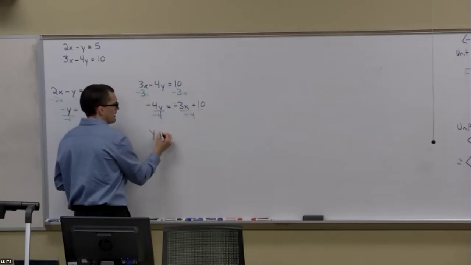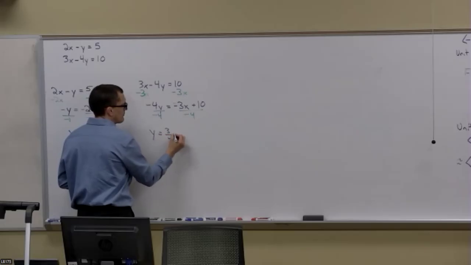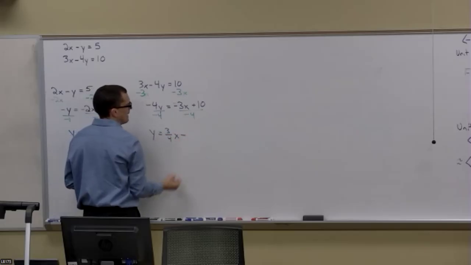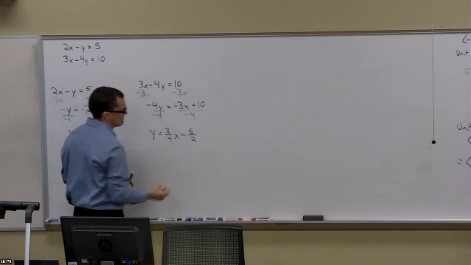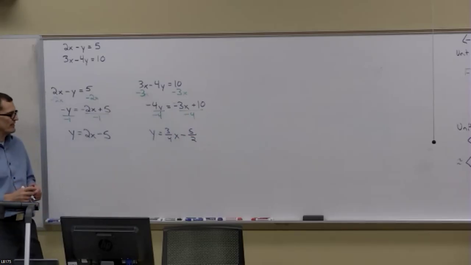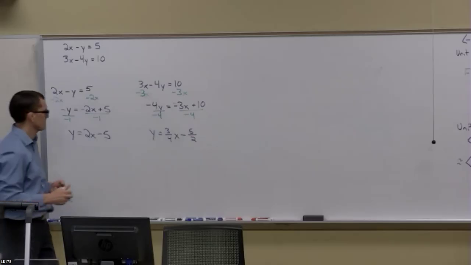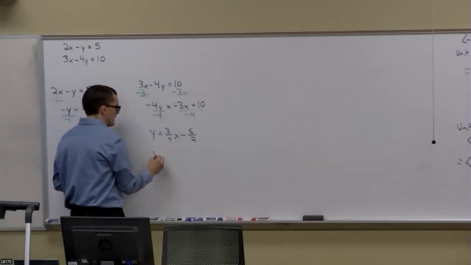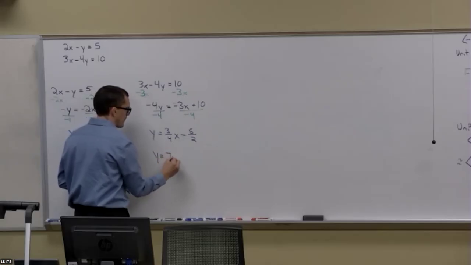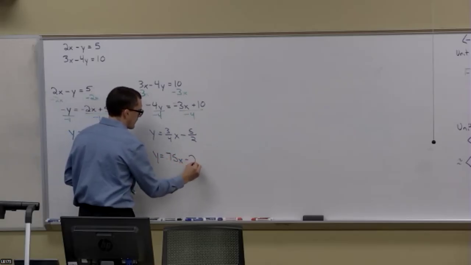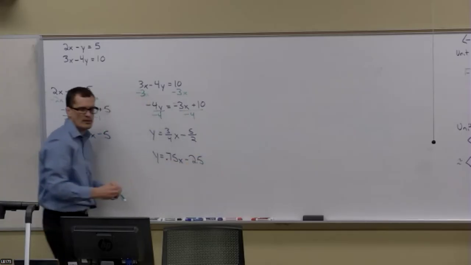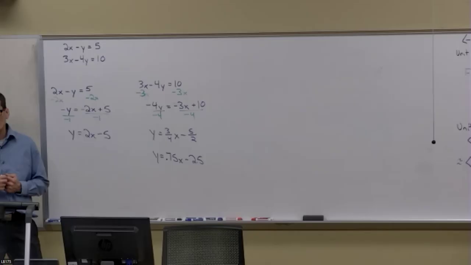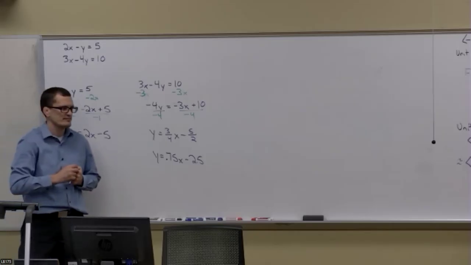That'll give you y equals 3/4 x minus, that'll be 5/2 if you write it as a fraction. If you want to write it as a decimal, that's okay as well. That's 2.5 as a decimal. That 3/4 you could have written as 0.75.